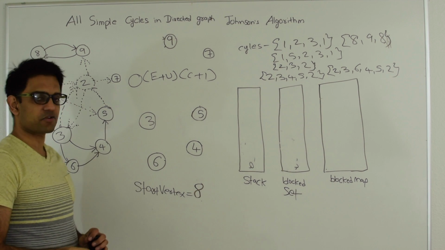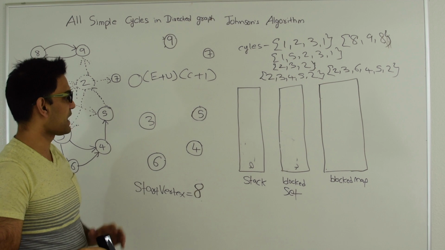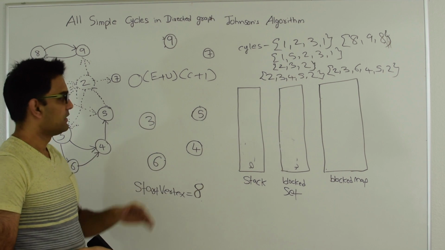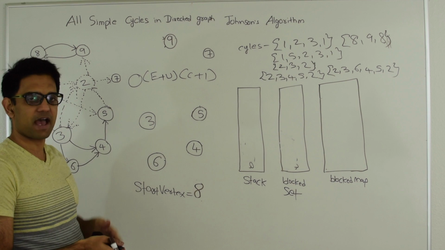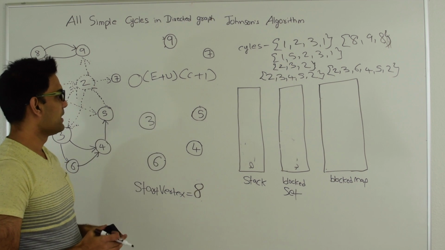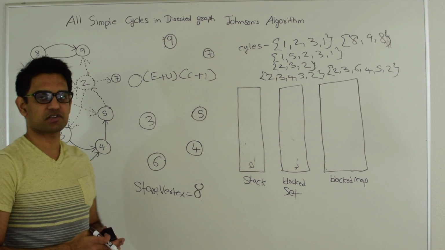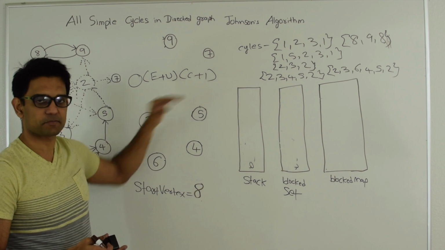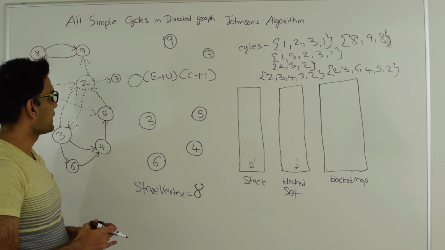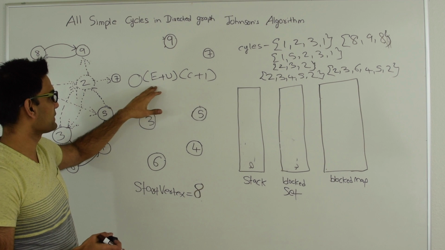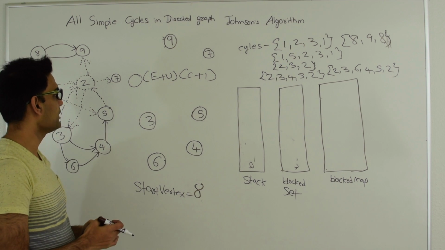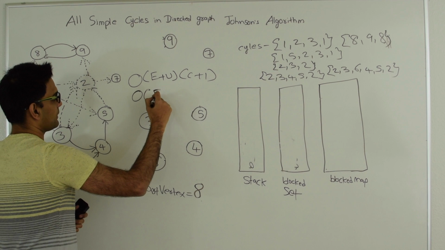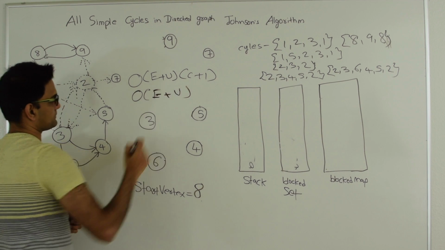We can find strongly connected components in E plus V time, which is why we can guarantee that between every cycle the worst time which will pass will be E plus V. But remember, we can have an exponential number of cycles, which means that the total time complexity can still be exponential. The only guarantee is that between every cycle the worst time which will pass will be E plus V, and the space complexity will also be E plus V.